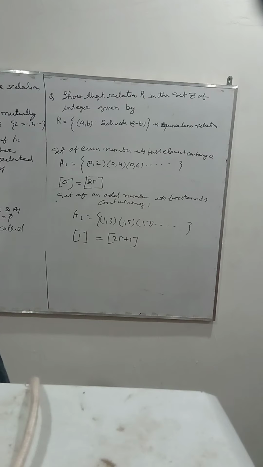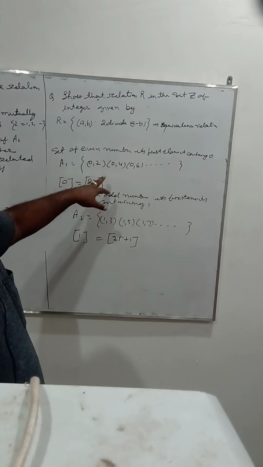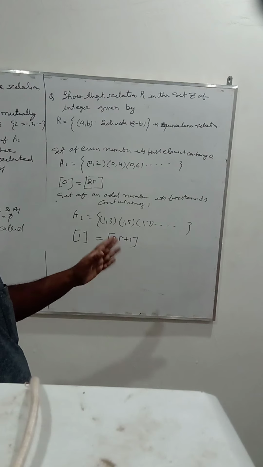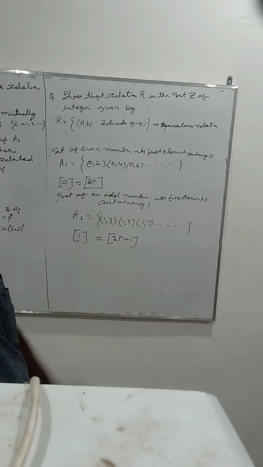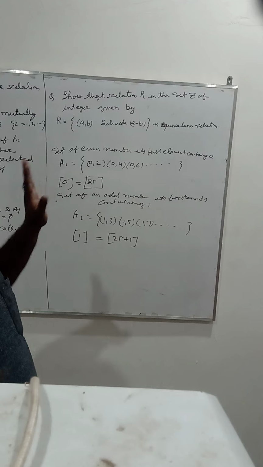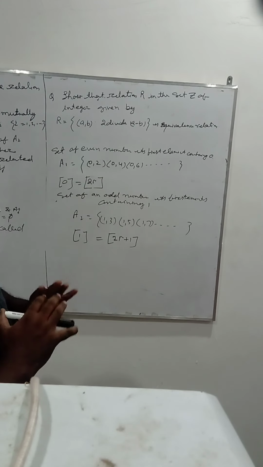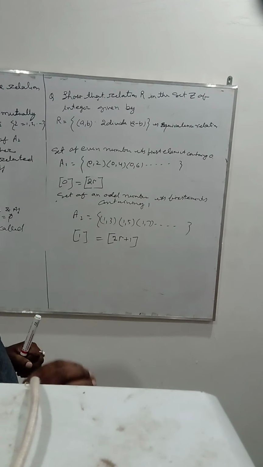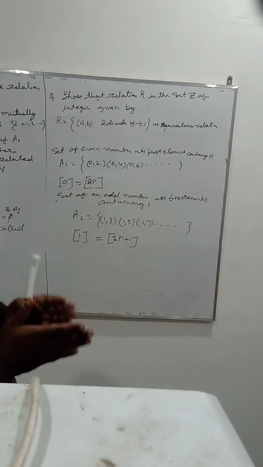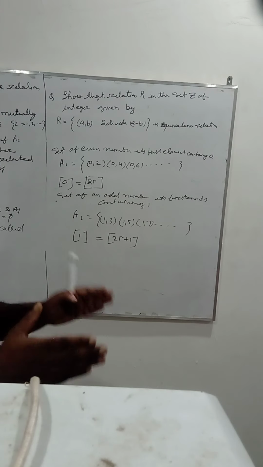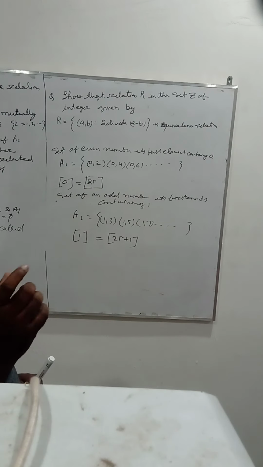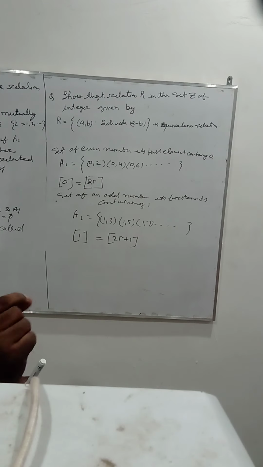So what you can say is that both sets are known as equivalence classes. Is it clear? First of all, any set which follows all the criteria for an equivalence relation will be divided into subsets in such a way that in each set the elements are related to each other.